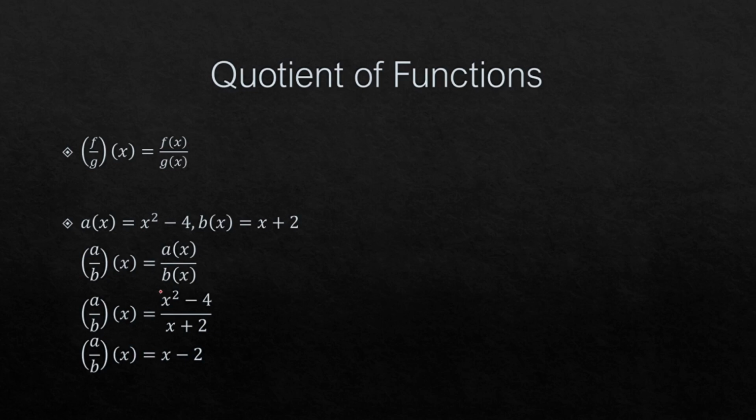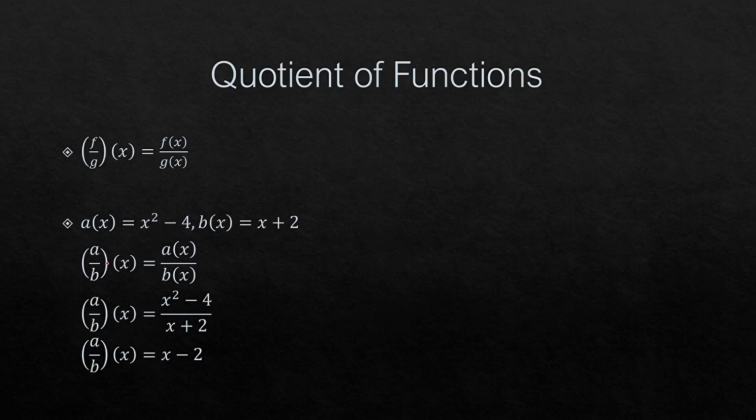Quotient of functions. Pares lang din yan. F divided by g of x is equals to f of x divided by g of x. So, gusto mo i-divide ang dalawang functions, i-divide mo ang mga nilalaman nila. Okay, dito, may example. A of x is equals to x squared minus 4. B of x is equals to x plus 2.